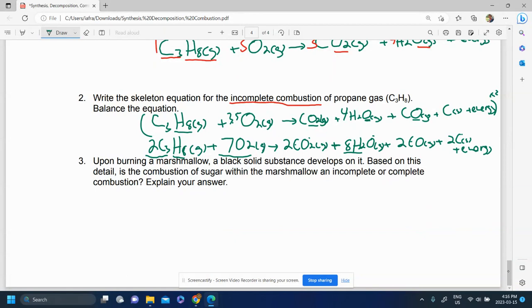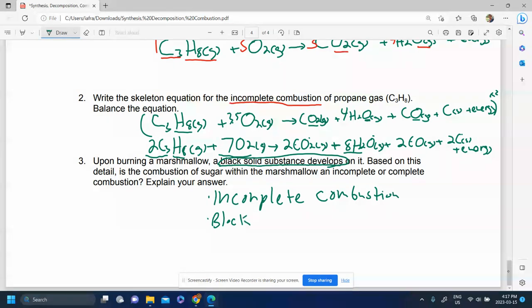So the big hint here is a black solid substance that forms. So you probably gravitate towards that piece of evidence there. That black solid substance is soot. So we know that the burning of sugar is an incomplete combustion. And the evidence behind it is that the black solid produced is soot, which is solid carbon.